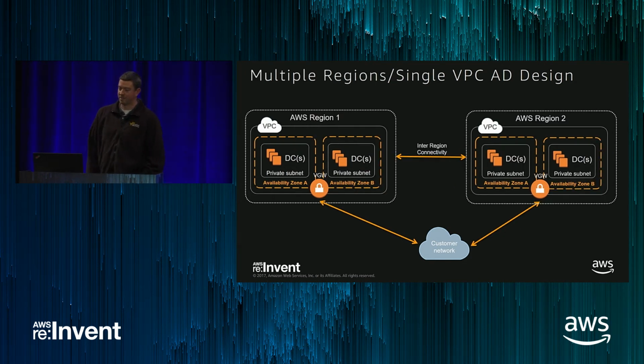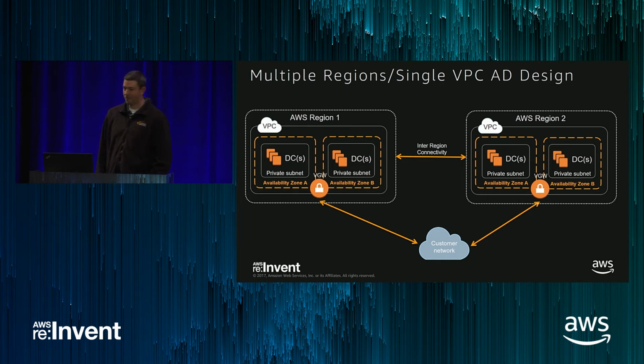Multiple regions. Okay, this slide just got interesting due to an announcement that we had yesterday. If you followed that announcement, we have available cross-region VPC peering, which I think is a super awesome feature. Okay, it's in our public documentation now, so what you're able to do is that inter-region connectivity between VPCs, you're able to have that traverse the Amazon network, the AWS backbone, so it doesn't egress to the public internet.